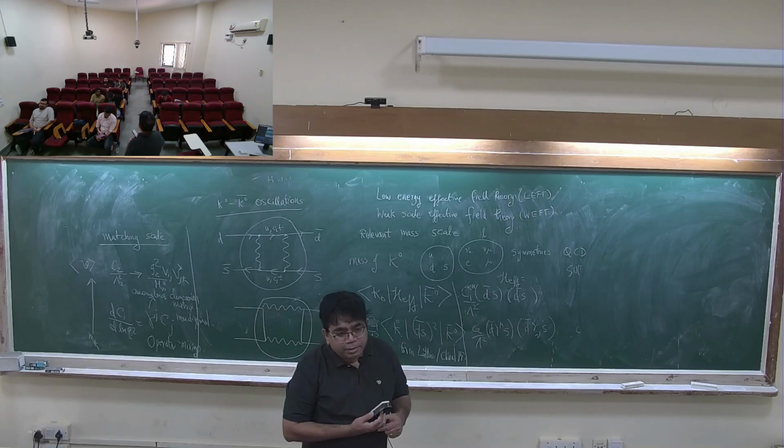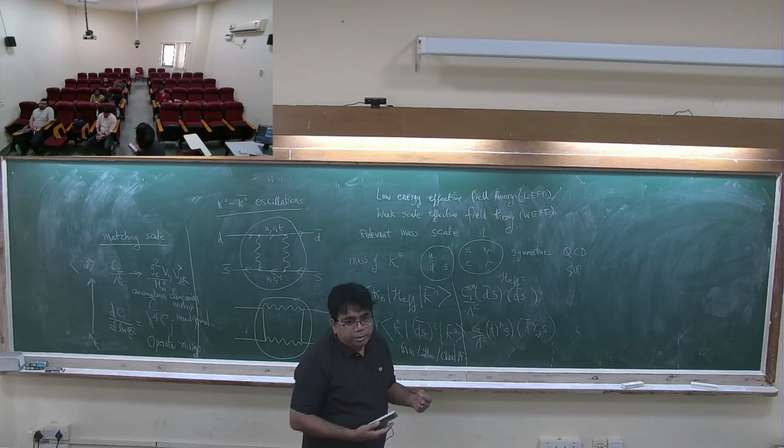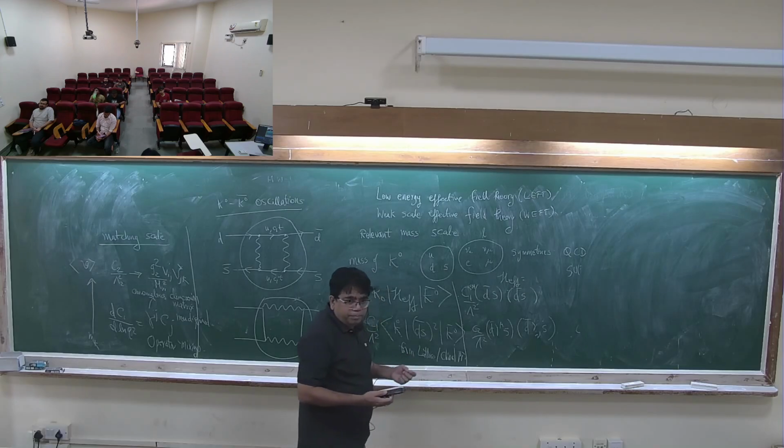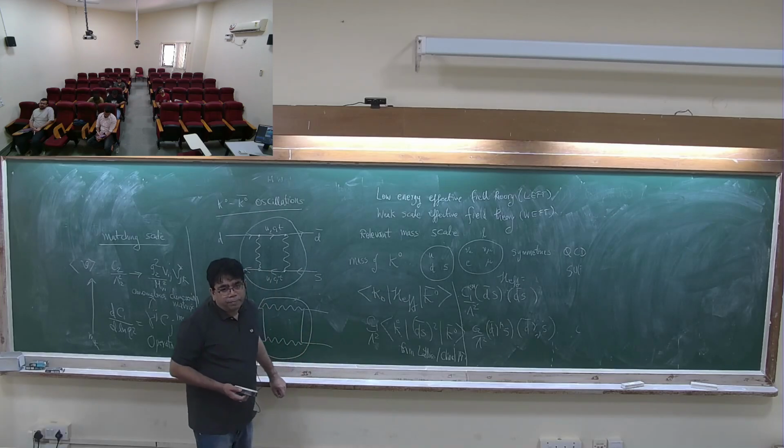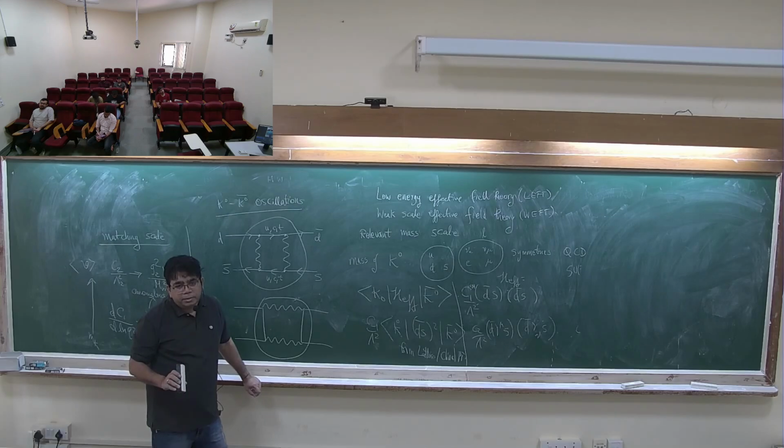Because of the diagrams, the loops, purely because of the loops. Right. In most cases, the mixing is very, very small. What we observed is that only in those cases when you are having purely hadronic states, for example, the mixing is very large.